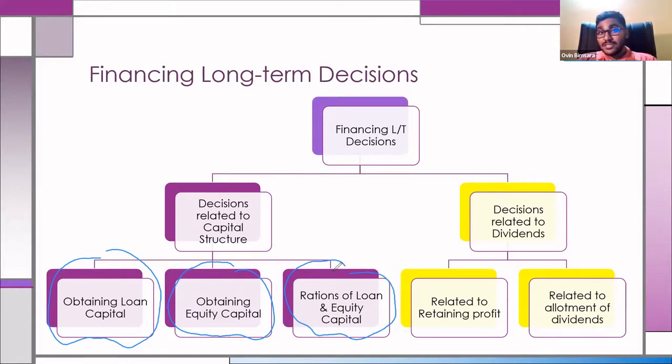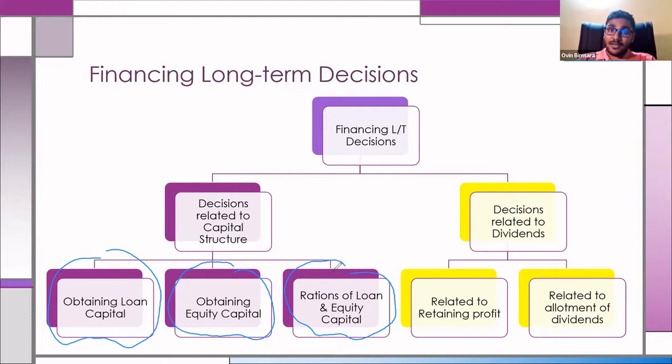And when it comes to decisions related to dividends, we need to decide how much we are going to retain in the business after earning a profit, as retained earnings for the future of the business. Because whatever profit we have earned, we can't just simply throw it away. We need to retain some money for the future of the business.